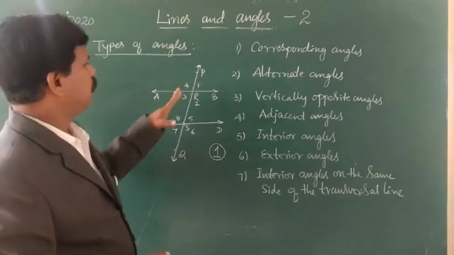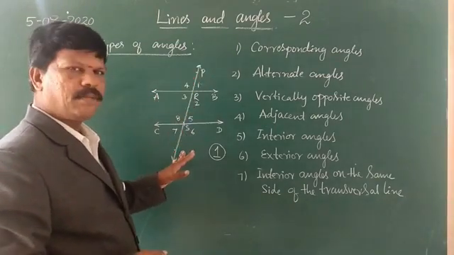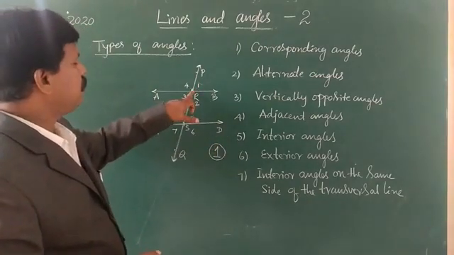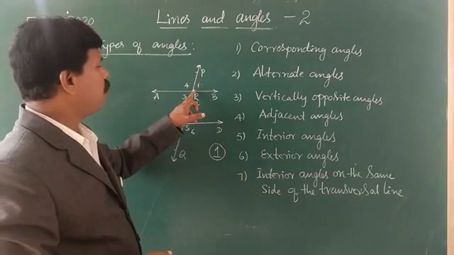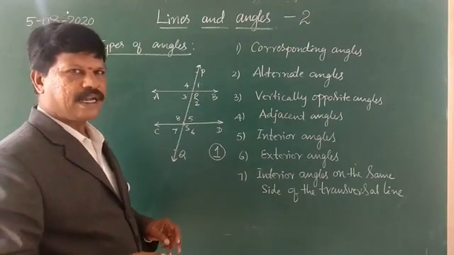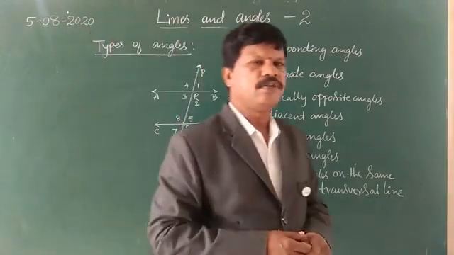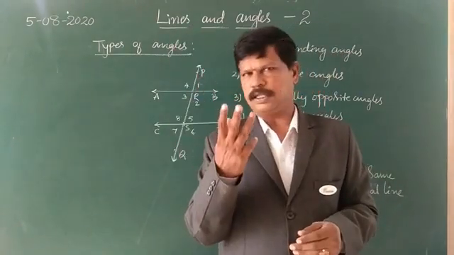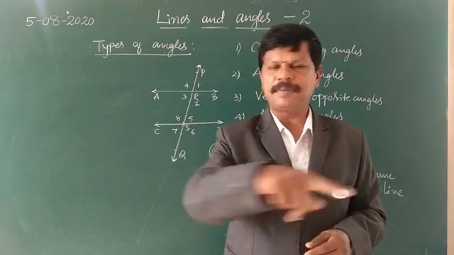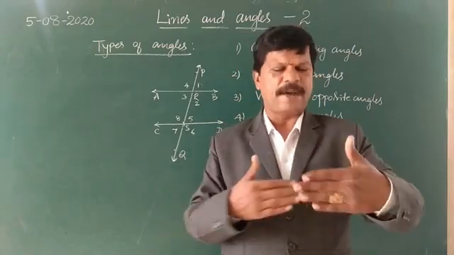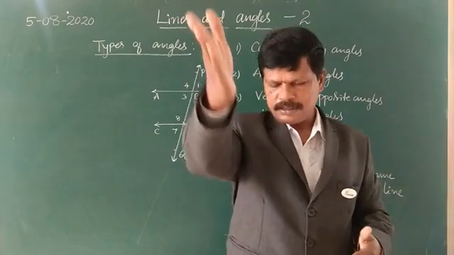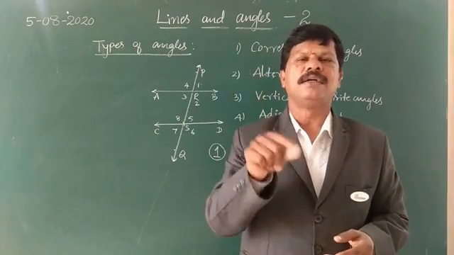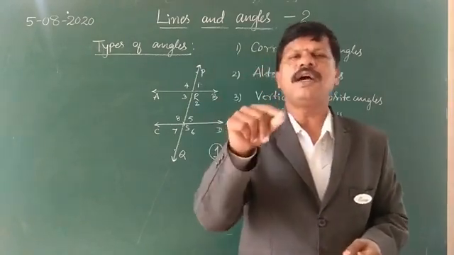For example, take 3 broomsticks and keep 2 sticks parallel to each other and one across the parallel lines. Then mark or count the angles.